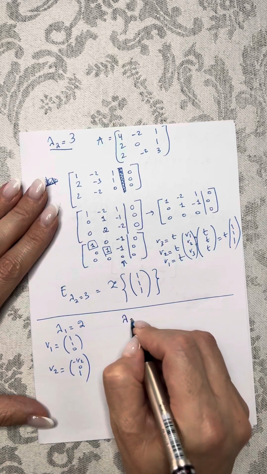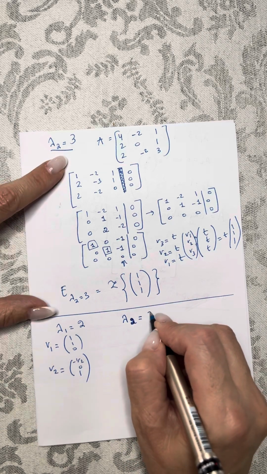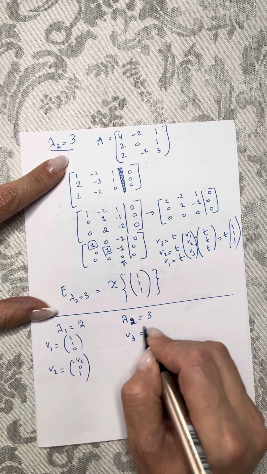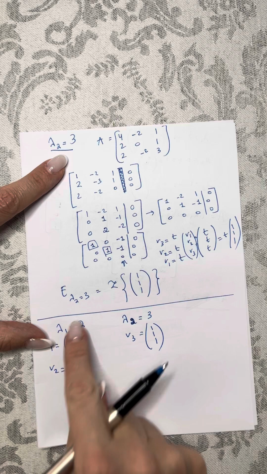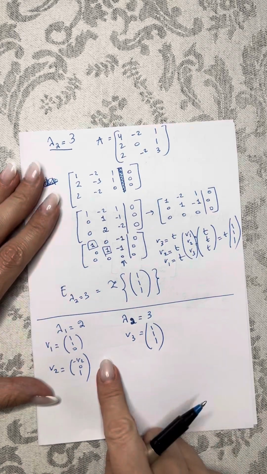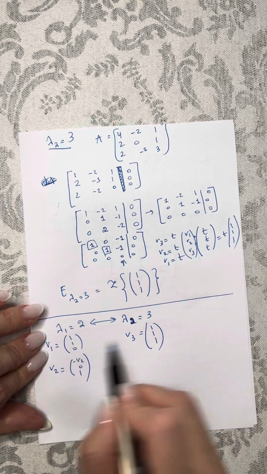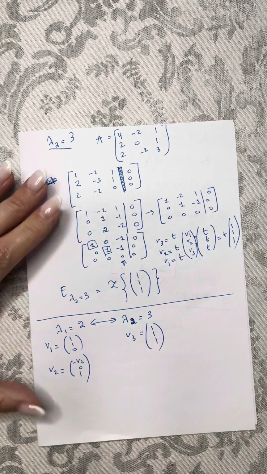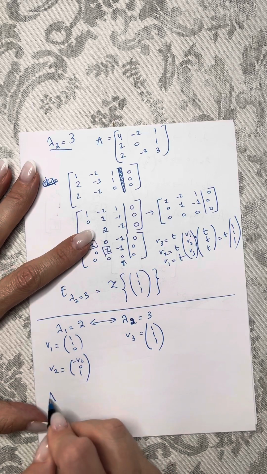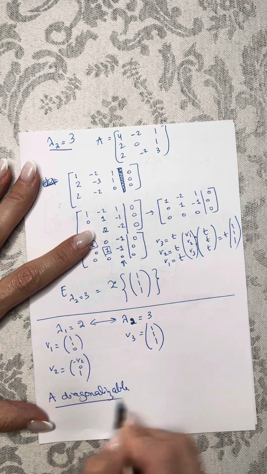And the second eigenvalue gave us a third eigenvector. The 2 from here are linearly independent. The third from here is also linearly independent because it comes from a distinct eigenvalue. This means we have 3 eigenvectors that are linearly independent, which means A is diagonalizable.